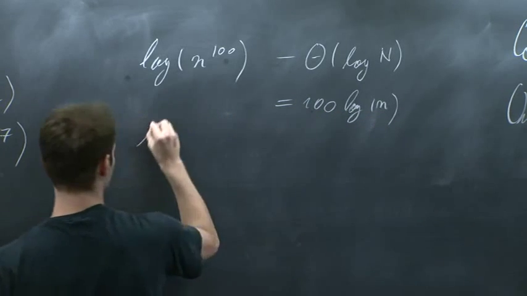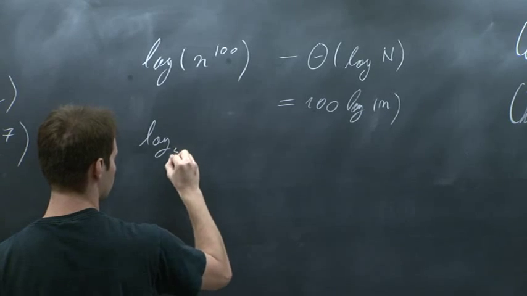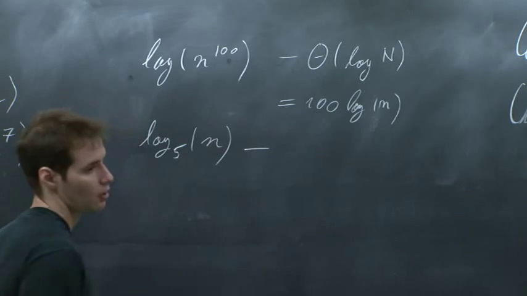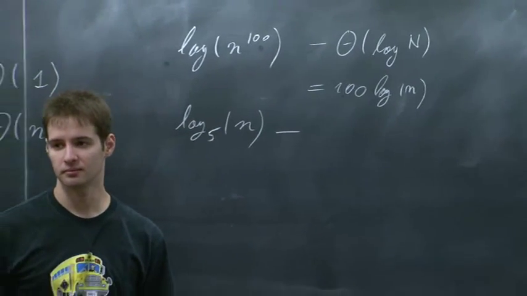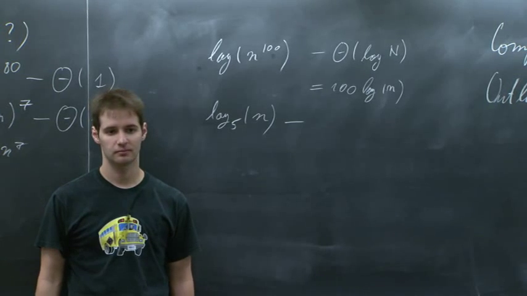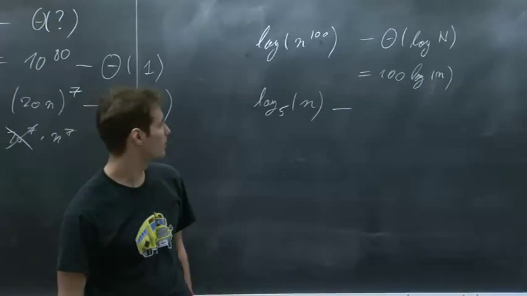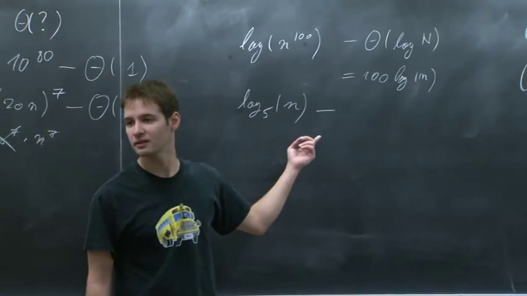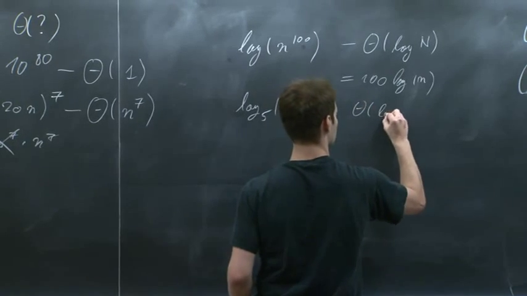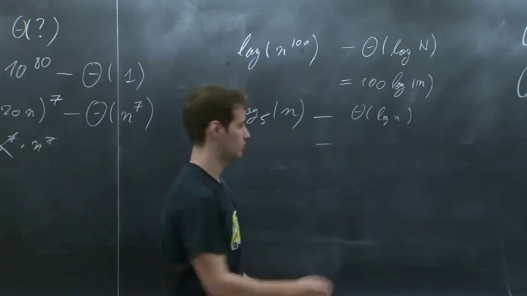Okay, now if I have a logarithm using base 5 of n, how about this? That's just log n. Okay, so this is theta of log n because it is log n over log 5.